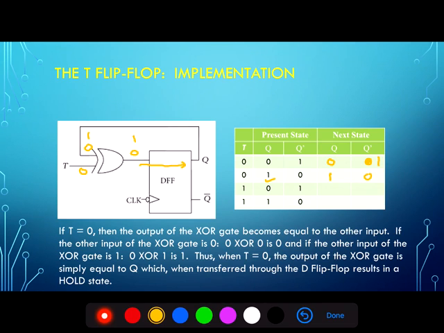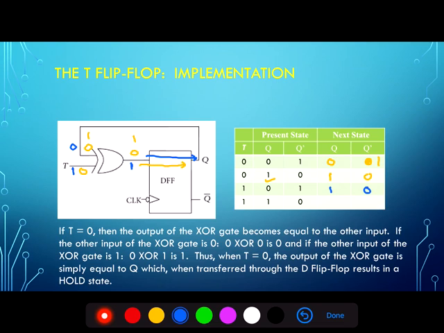Now in the other condition, when toggle is equal to 1, if Q now is equal to 0, 1 XOR 0 is equal to 1, and that transfers through on the next trailing edge. So the next state, when Q is equal to 0 and T is equal to 1, is Q equal to 1.